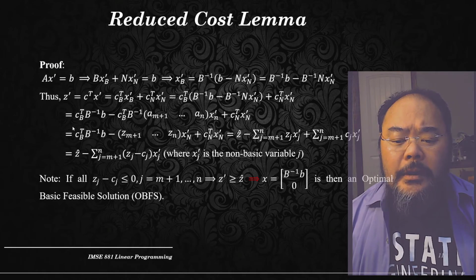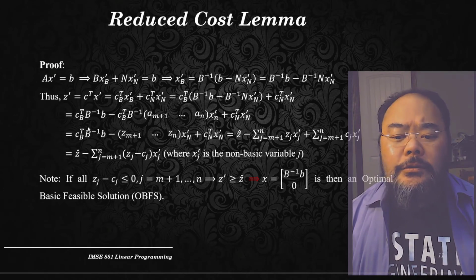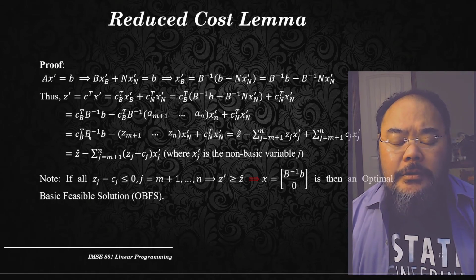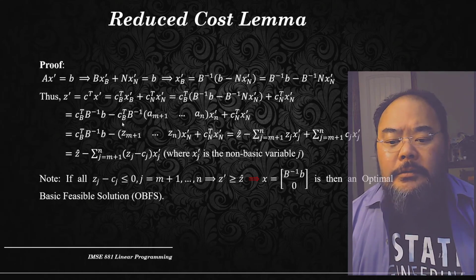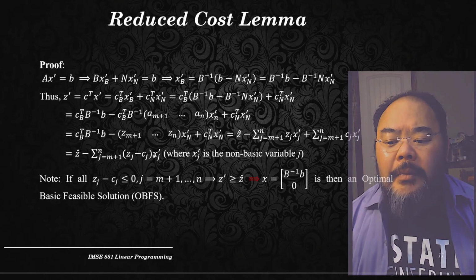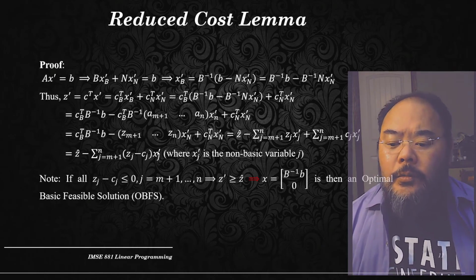This part is the original z hat, which is the original objective function, because B inverse times b is the current basic solution corresponding to x before we introduce x prime. And CB transpose times this part equals z hat, and the rest of the part equals zj minus cj times xj, where xj are the non-basic variables.